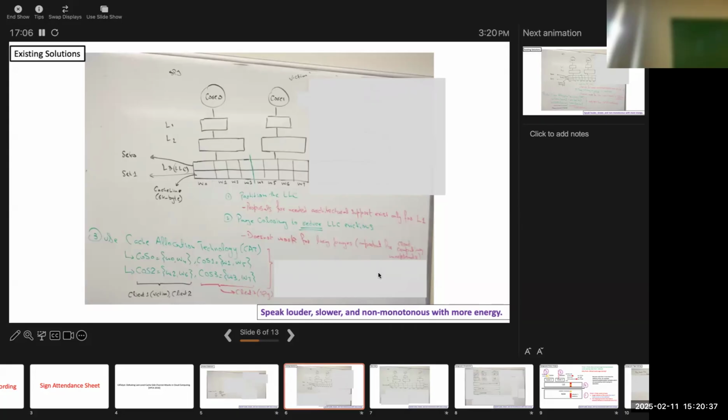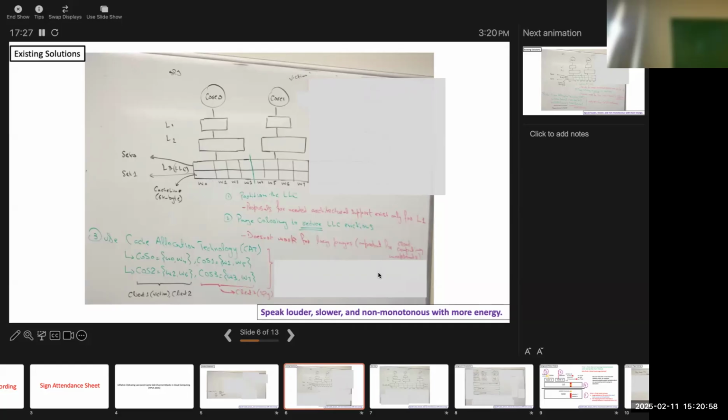The third option, which is what they are proposing, is to use the cache allocation technology, or CAT. So what is CAT? At a very high level, if you look at the figure, you have 8 different ways, W0, W1, and so on.